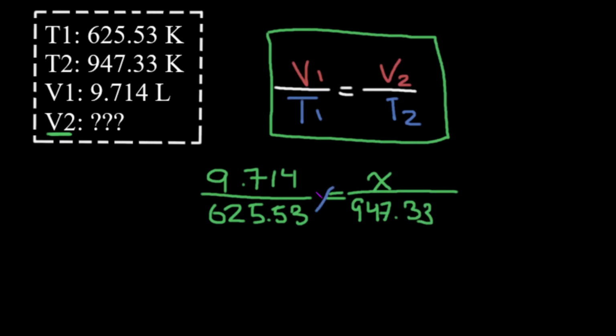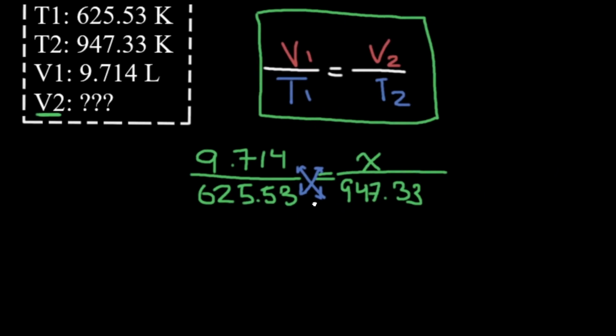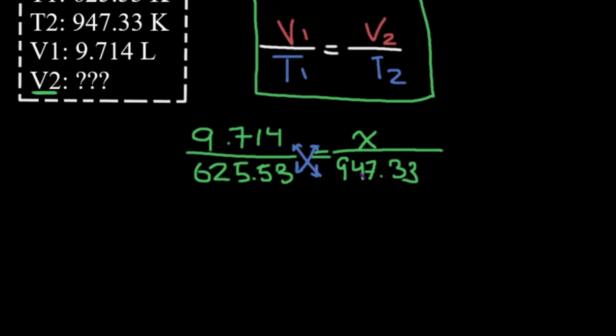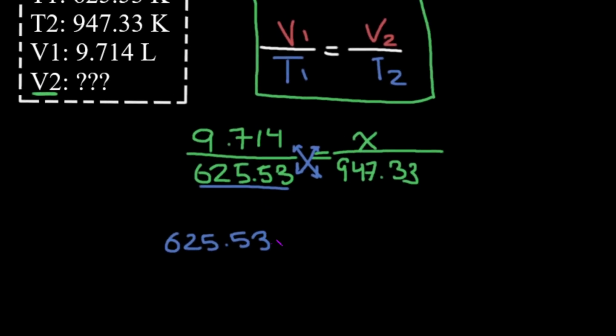What I would do right here is cross multiply, as I said. Put arrows to signify what we're multiplying by. When you cross multiply, no pun intended, you're literally multiplying. So you would multiply 9.714 by the one that is crossed, which is 947.33, and you would multiply 625.53 times x.